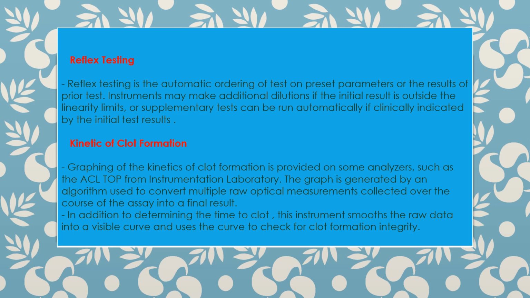The graph is generated by an algorithm used to convert multiple raw optical measurements collected over the course of the assay into a final result. In addition to determining the time to clot, this instrument smooths the raw data into a visible curve and uses the curve to check for clot formation integrity.